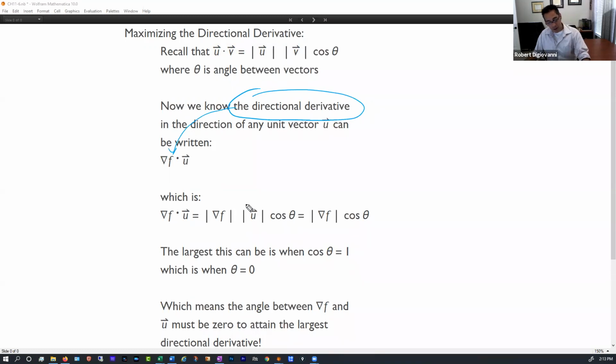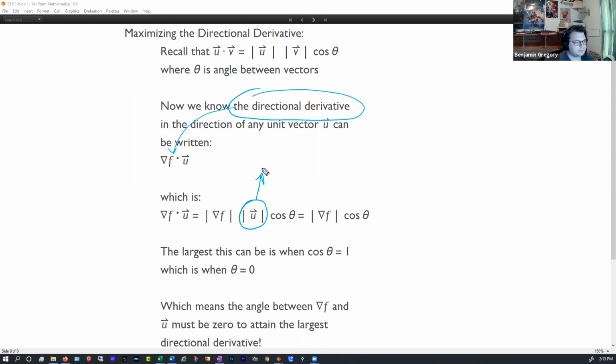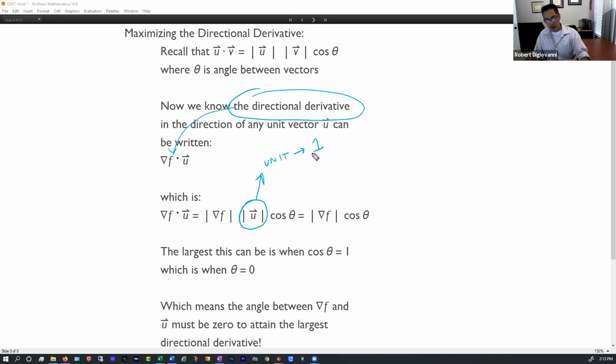But what can you tell me about the magnitude of u? It's 1. It's 1 because it was a unit vector, right? So that means that the length is 1. So if I replace that with the 1, then now what we're saying is that this becomes this, right?